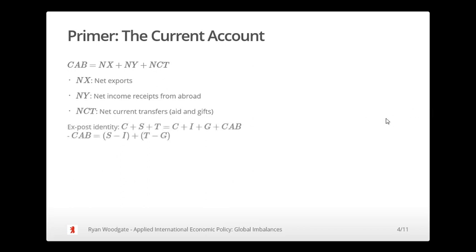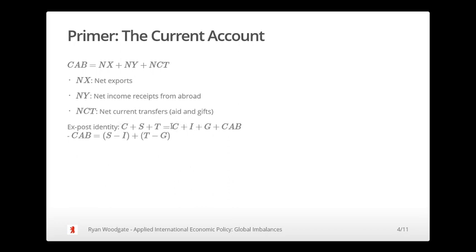Okay, and let's also remind ourselves of one of the related important identities in macroeconomics, namely that the sum of consumption, saving, and taxes, so this is all the money that leaves the pockets of our households in any given year, must be equal to the aggregate expenditure, so the aggregate demand.